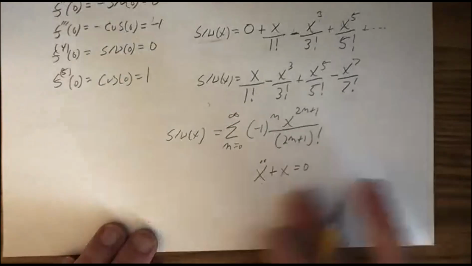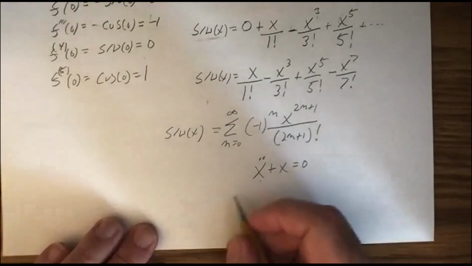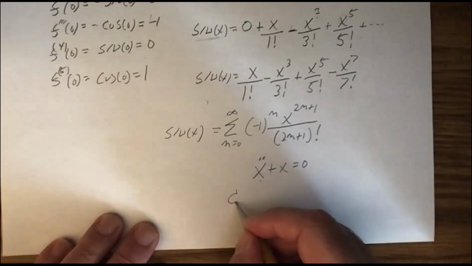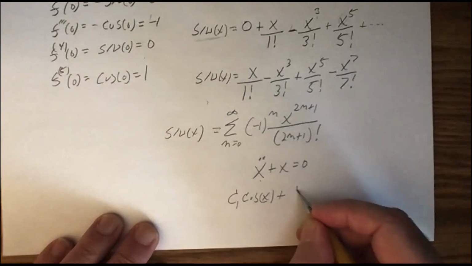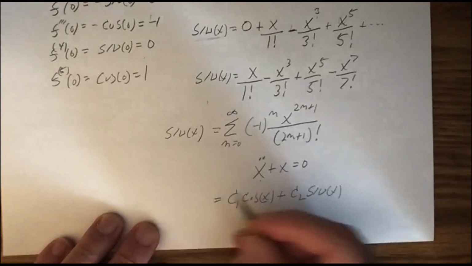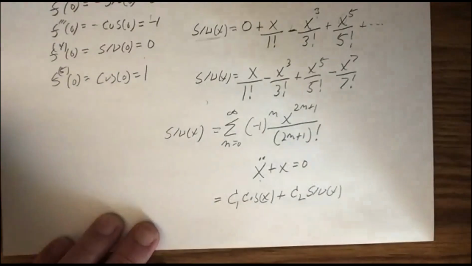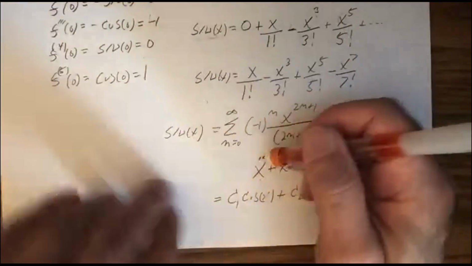Everybody should know that the solution to this differential equation is C1 cosine of x plus C2 sine of x, right? Not x, let's say this is t. Oh no, I probably should have written it like this.